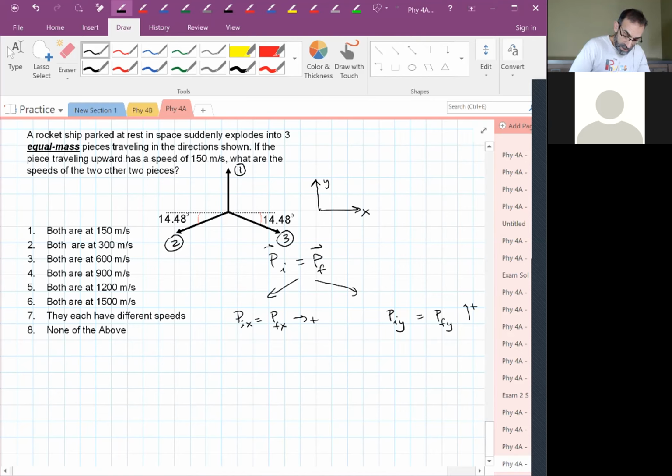What's our initial momentum in the x direction? 0, right? Nothing is moving. So that's got to equal the final momentum in the x direction for 1, plus the final momentum in the x direction for 2, plus the final momentum in the x direction for 3.